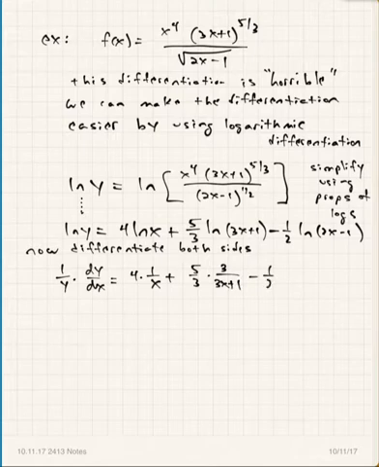And then minus 1/2 times the derivative of 2x minus 1, which is 2 over (2x minus 1). And the differentiation's done at that point.